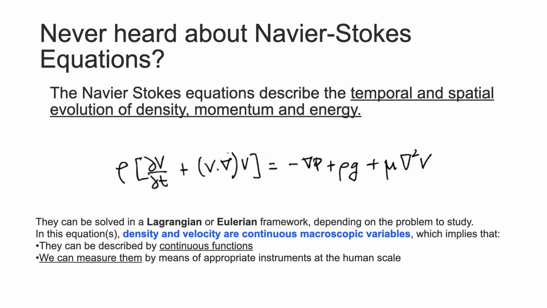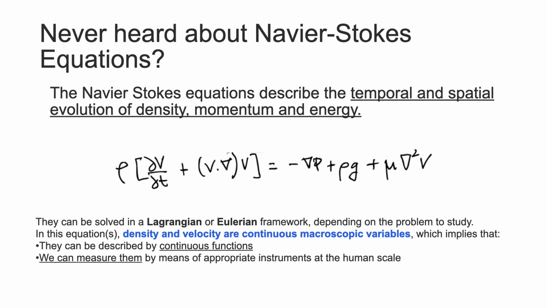They can be solved using Lagrangian or Eulerian frameworks, depending on the problem to study. Said more simply, it means that you can either look at the fluid going in the square from a fixed position, or you can look at it from a moving position with the particle of the fluids.